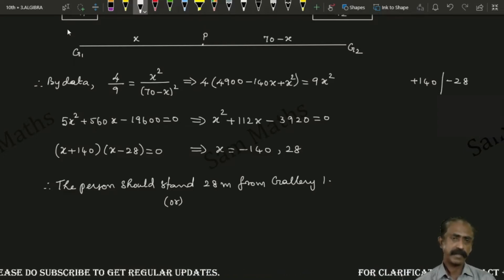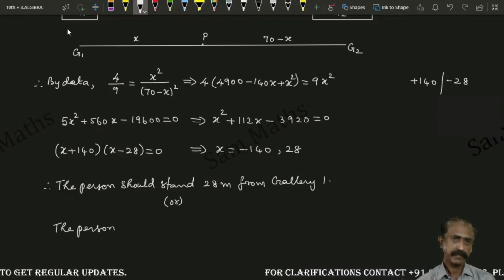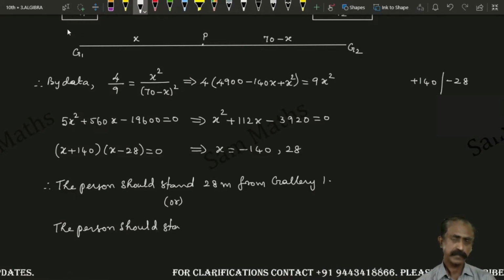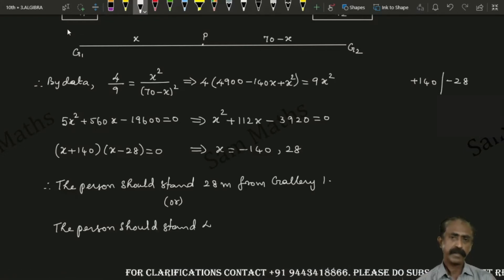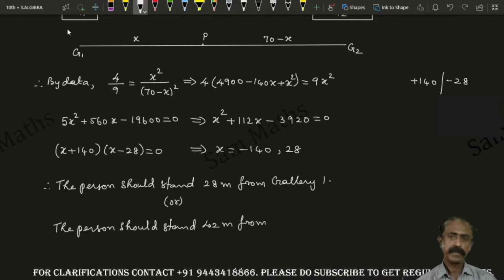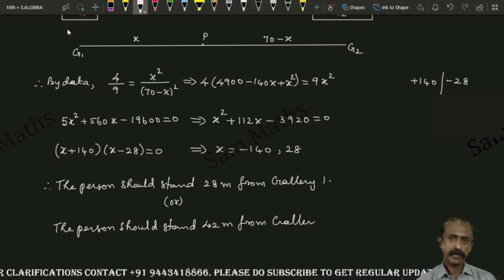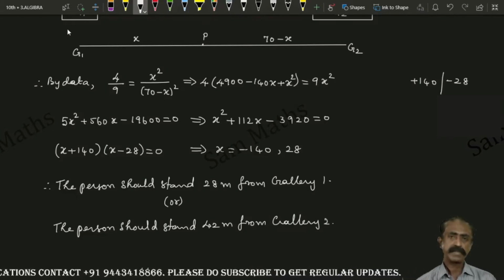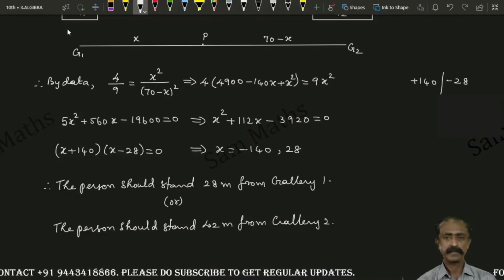Therefore, we are getting the person should stand 42 meters from gallery 2. This is the required answer.